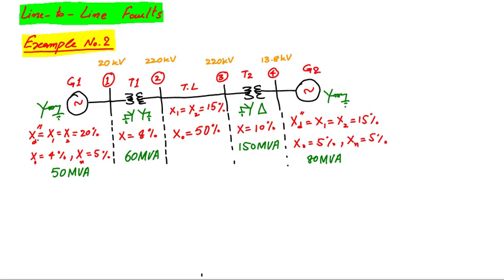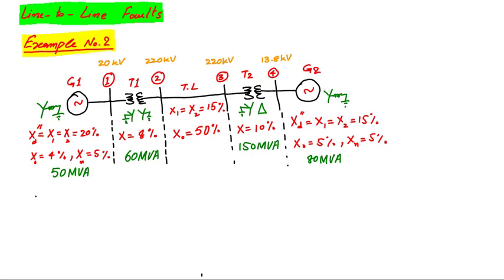And all these reactances of generators and transformers are given based upon their own rating. So it means the x1, x2, x0 and xn for generator 1 are based upon 50 MVA and its system voltage 20 kV. Similarly, the reactances for generator 2 are based upon 80 MVA and 13.8 kV, and T1 is based upon 60 MVA, T2 is based upon 150 MVA.